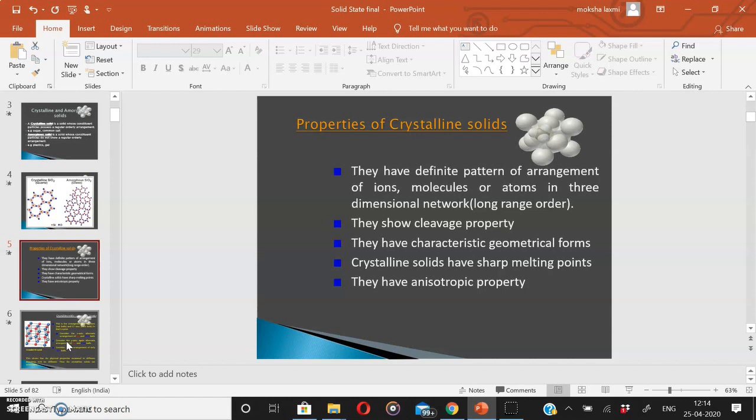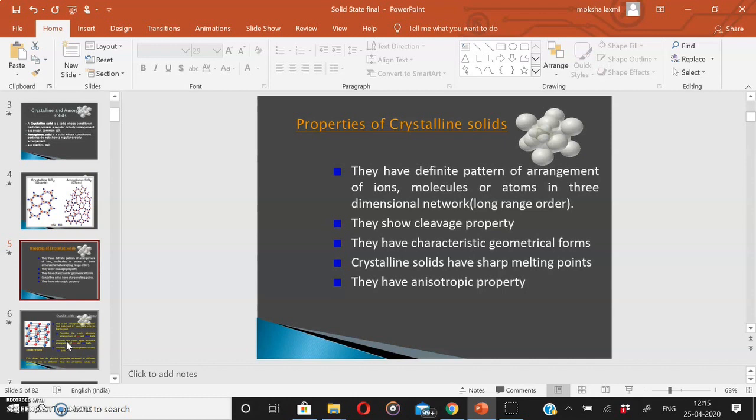If such an arrangement is found, then it is said to be long-range order. Number 2, crystalline solids have the cleavage property. That is, when these solids are cut with a knife or a blade, it results in smaller pieces with smooth surfaces.